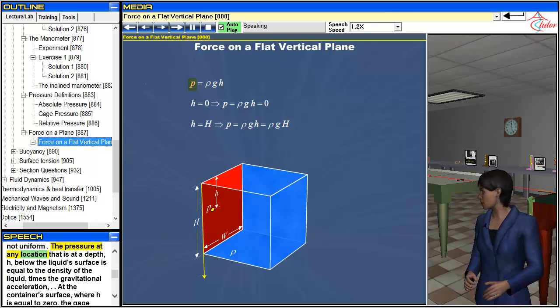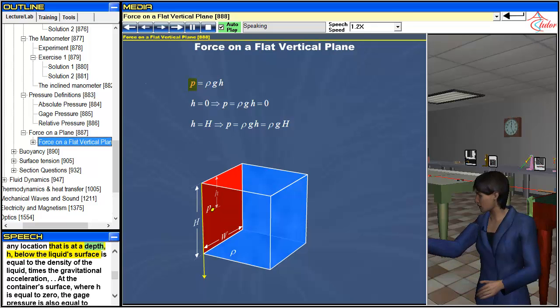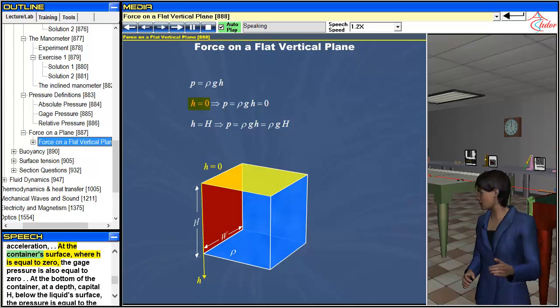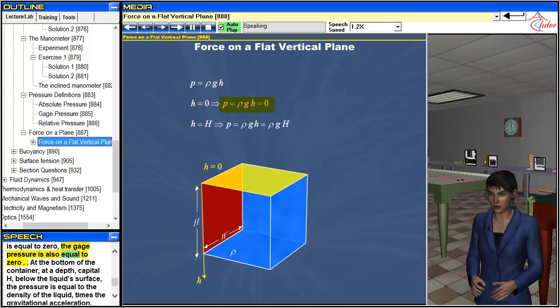The pressure at any location that is at a depth, h, below the liquid's surface, is equal to the density of the liquid times the gravitational acceleration times h. At the container's surface, where h is equal to 0, the gauge pressure is also equal to 0.